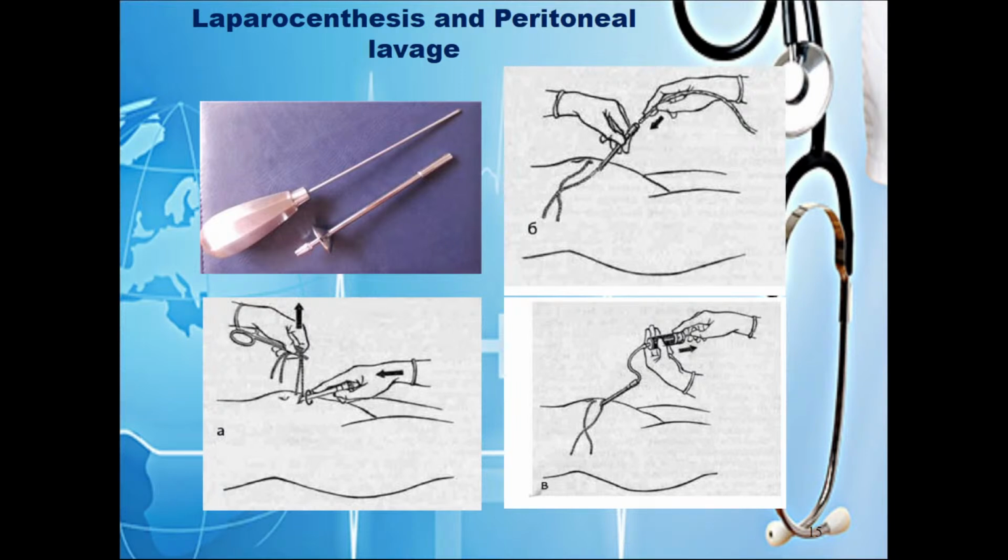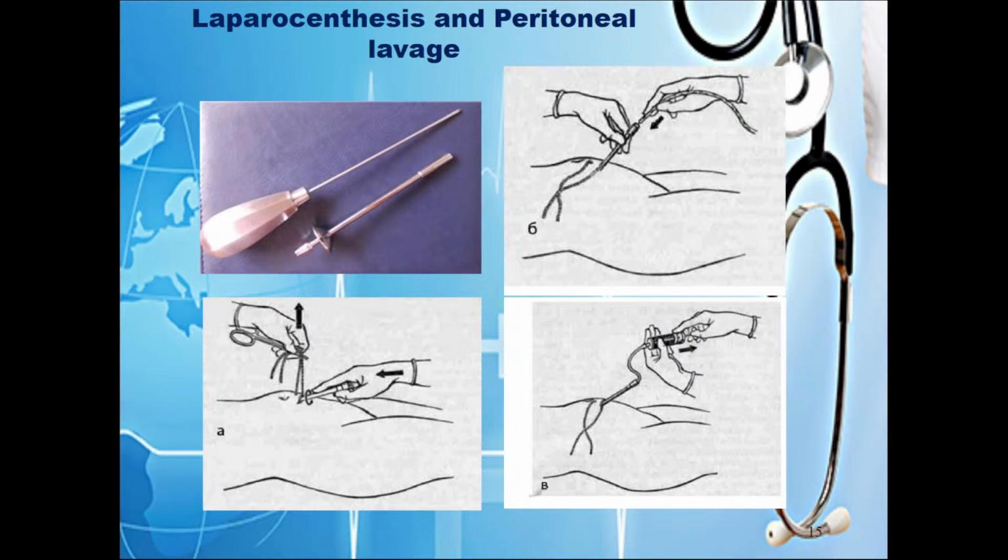We cannot make any laparoscopy at all. Laparoscopy needs narcosis, general anesthesia in most cases, or it needs special equipment, and there can be a lack of this equipment. So in this case, we perform laparocentesis or peritoneal lavage.